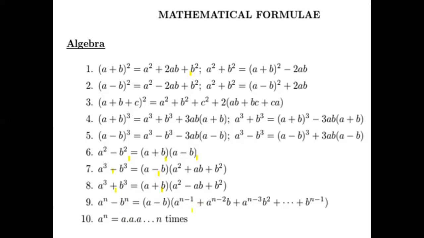Here it is b raised to 0, here b raised to 1, here b square. Powers of b are increasing and powers of a are decreasing: n minus 1, n minus 2, n minus 3, and no a raised to 0 is there last.